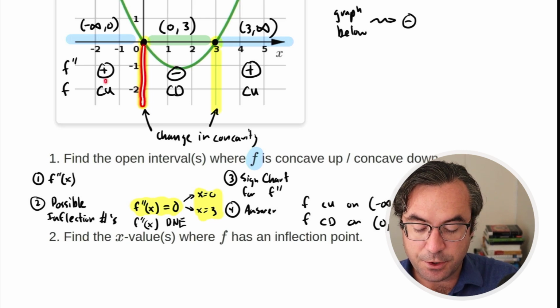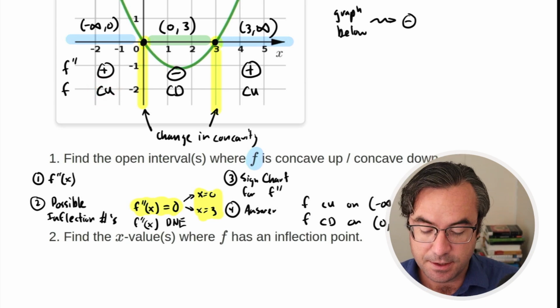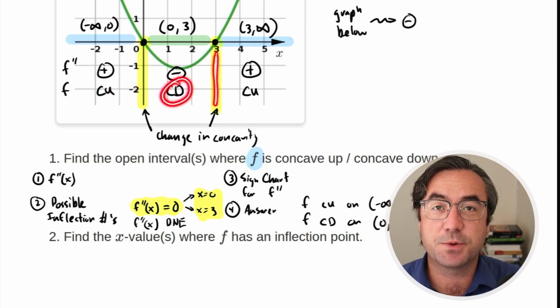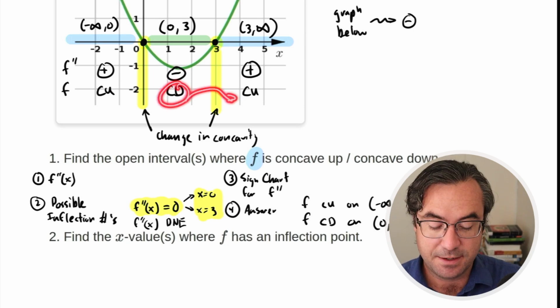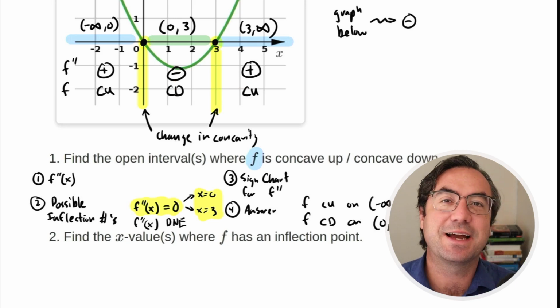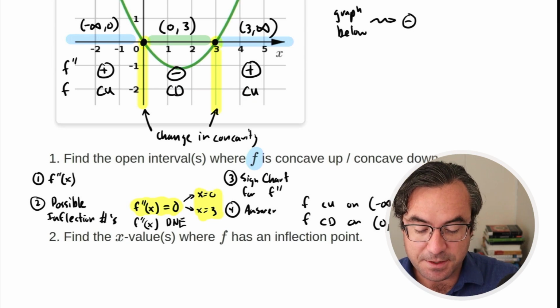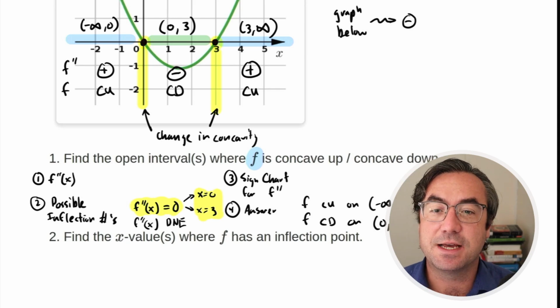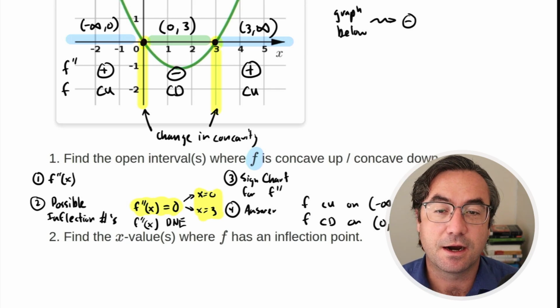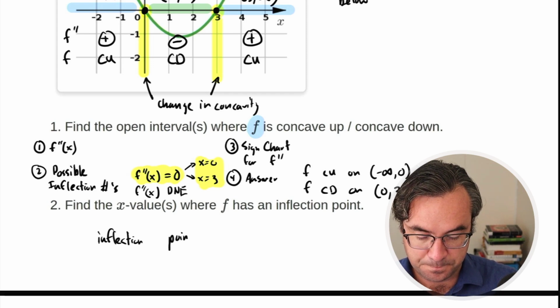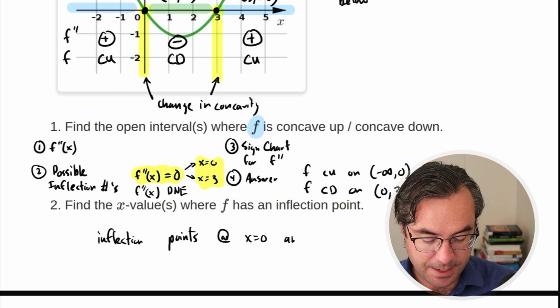At x equals 0, we go from concave up on one side to concave down on the other side. And at x equals 3, we go from concave down on one side to concave up on the other side. So again, there's a change there. That means both of these x values that we found, x equals 0 and x equals 3, are inflection points. So we have inflection points at x equals 0 and x equals 3.